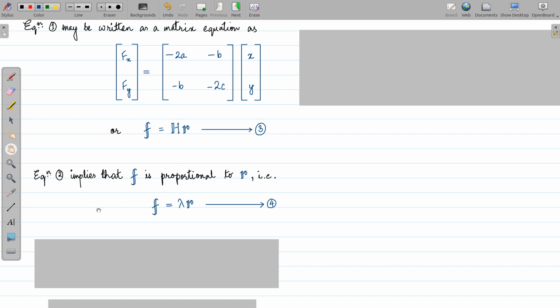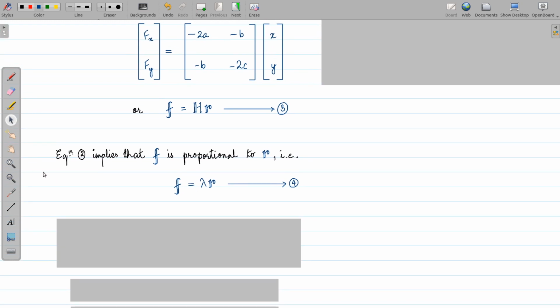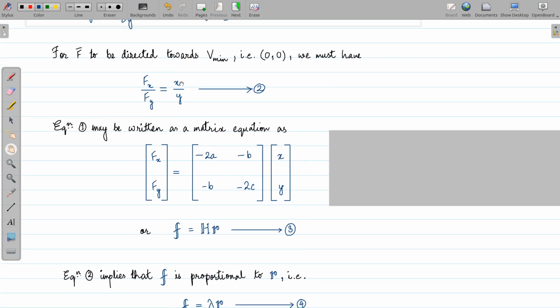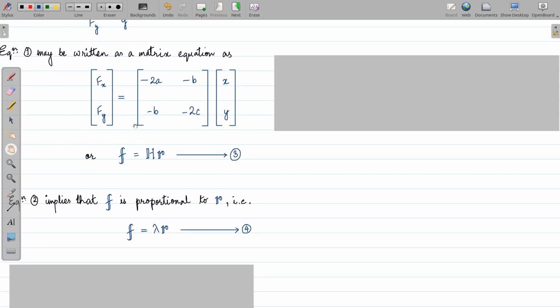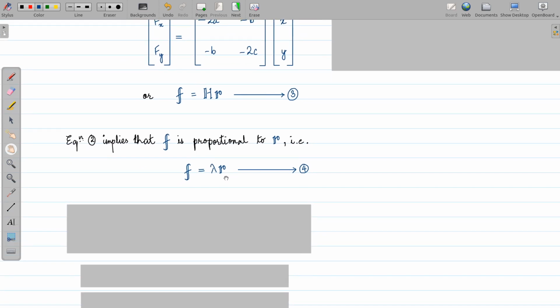Let me just finish that step, then we'll see whether the prediction comes true. F is proportional to R, so F can be written as some constant times R.